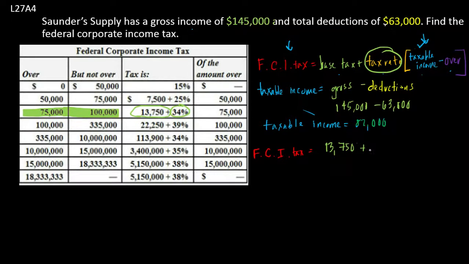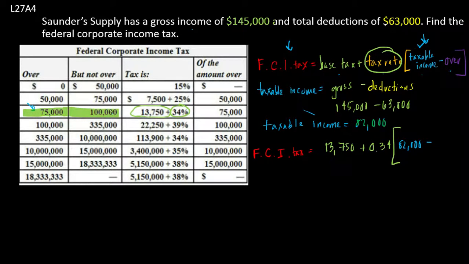It's 34%. So I write that as a decimal. I'm going to multiply that tax rate by my taxable income, which we already found to be 82,000. And I'm going to subtract off the amount over.